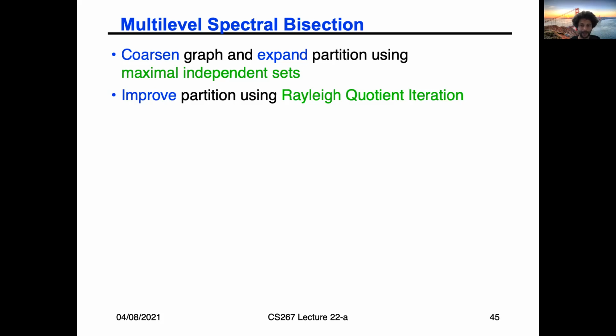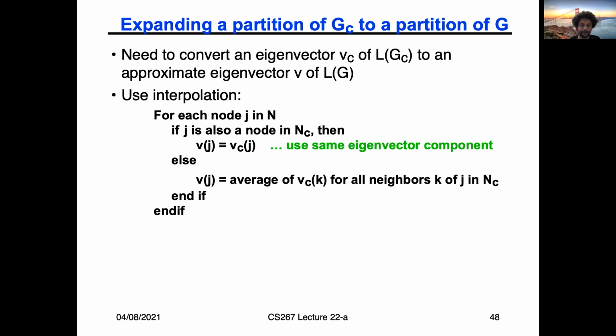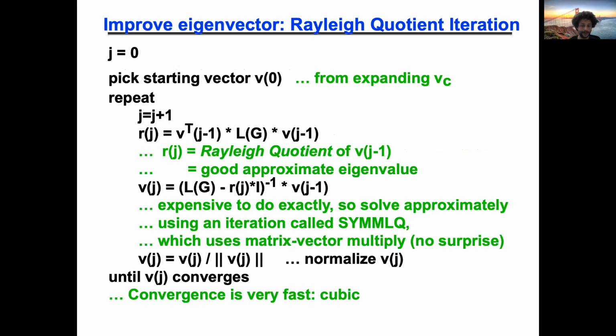You use something called the Rayleigh quotient iteration, which is simply a warm start of eigenvalue finding. You start with the eigenvector from the previous coarse level, use interpolation, and then iteratively improve it with the algorithm described in this picture.